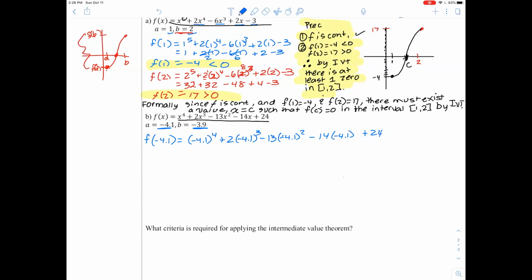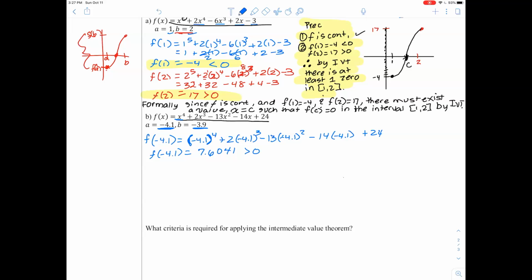And I'm plugging all of that into my calculator for you. You should be really careful when you plug those in. Since this is a negative value and I'm plugging it in for x and raising it to a power, I'm very careful to put parentheses around it. So here's my output. It is 7.6041, which is greater than 0.